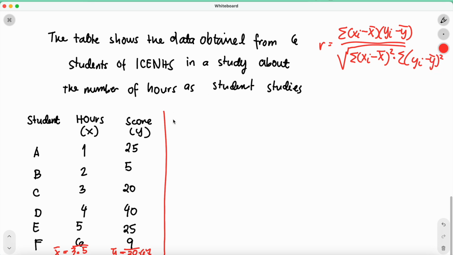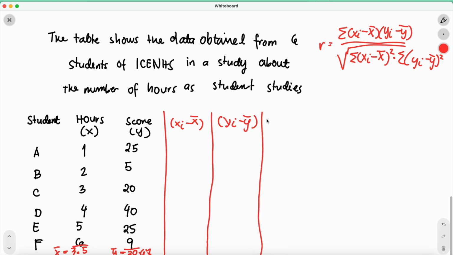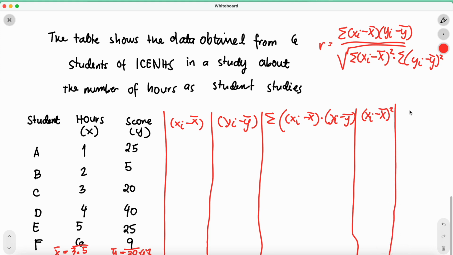So we can get the x sub i minus x bar, we can also get the y sub i minus y bar, and then we can get the summation of x sub i minus x bar times y sub i minus y bar. And we can also get the squares of x sub i minus x bar and y sub i minus y bar.